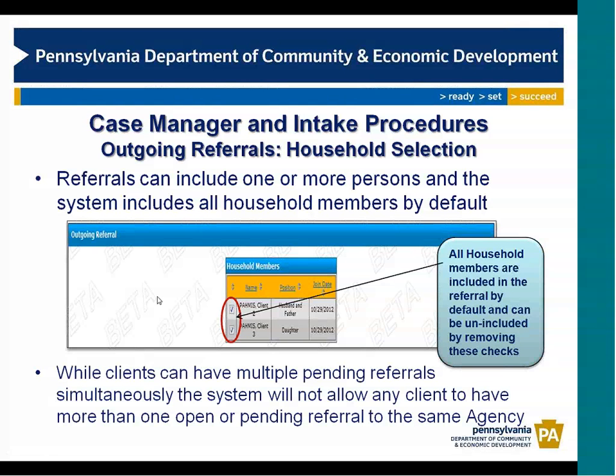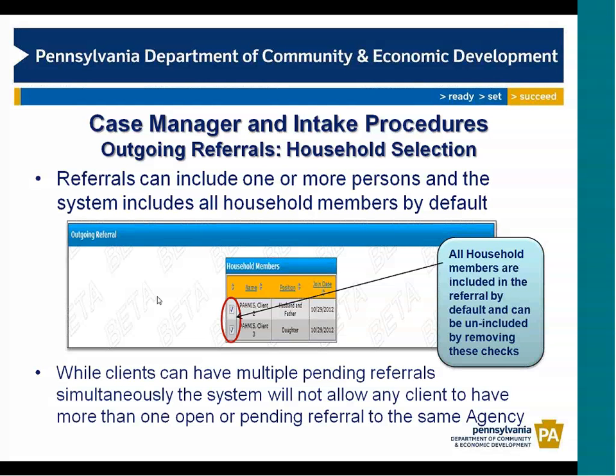Now, one thing here is multiple open referrals. The system, as of right now, doesn't allow the same client to have more than one open referral to the same agency. Since referrals can have multiple service requests on them, we didn't feel that a bunch of open referrals for the same client would be of the most interest.